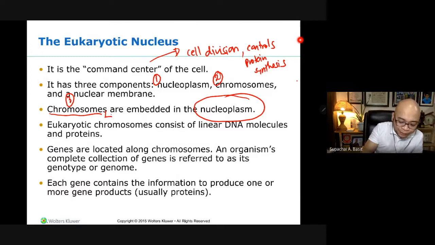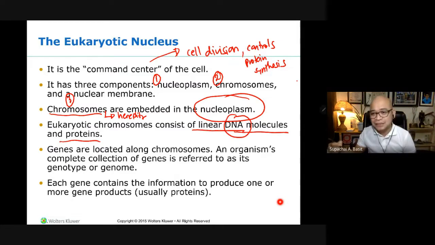Chromosomes are important for our heredity because eukaryotic chromosomes contain linear DNA molecules and proteins. And as we all know, DNA, deoxyribonucleic acid, is considered to be the blueprint of life.